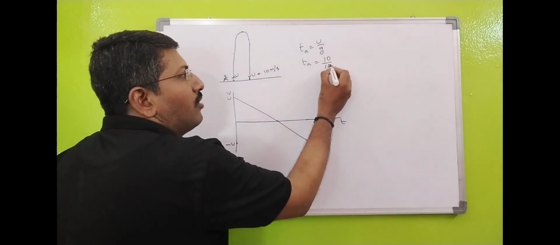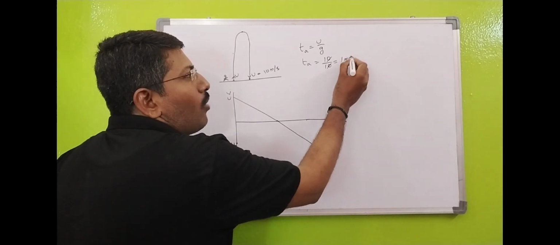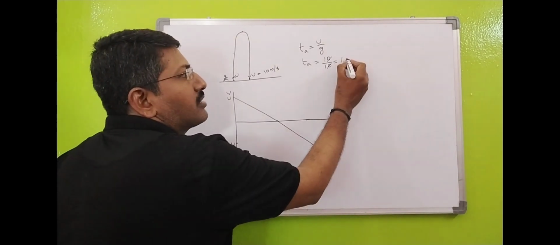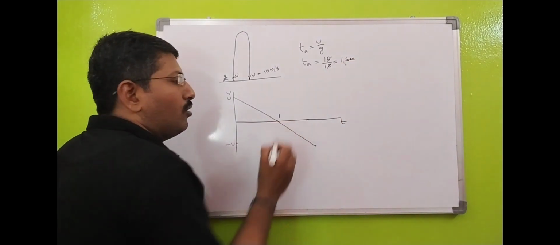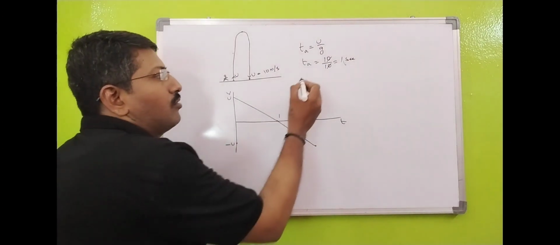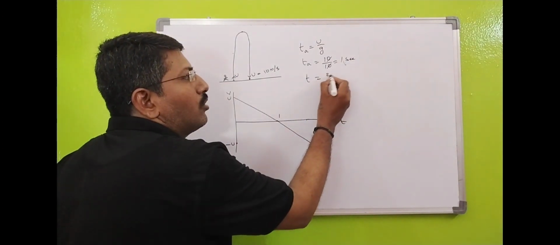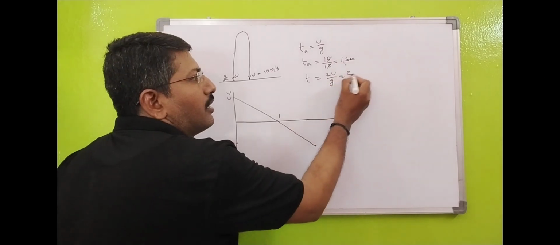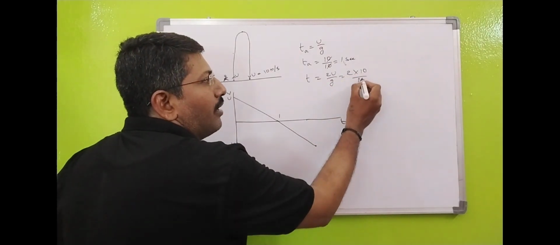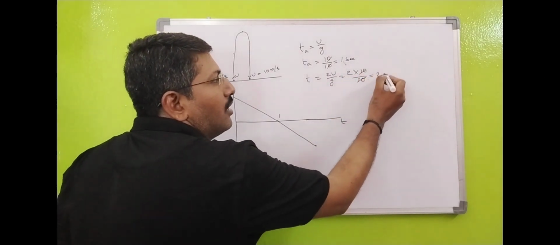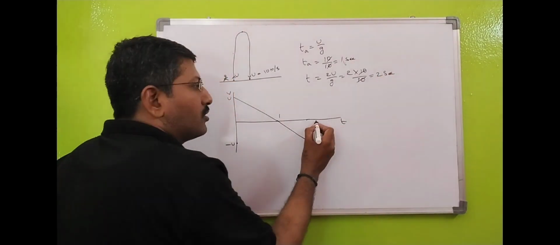After 1 second, this velocity is 0. Next, time of flight t equals 2u by g, that is 2 into 10 by 10, so 2 seconds. After 2 seconds, the velocity reaches here.